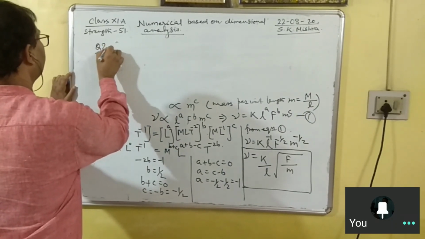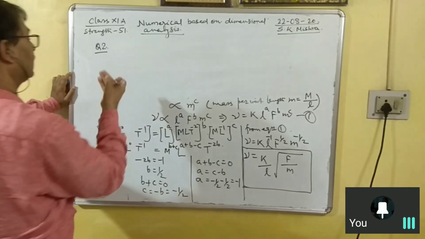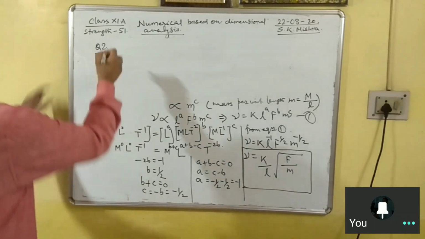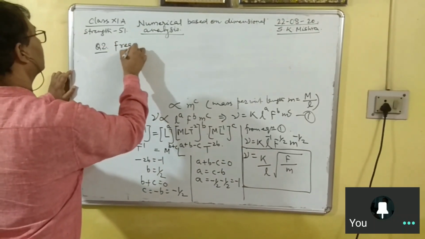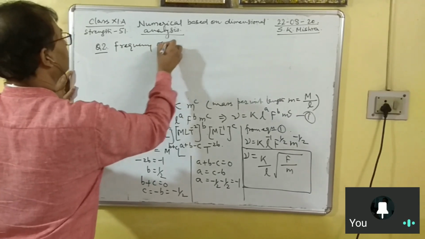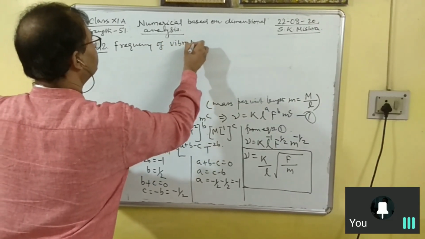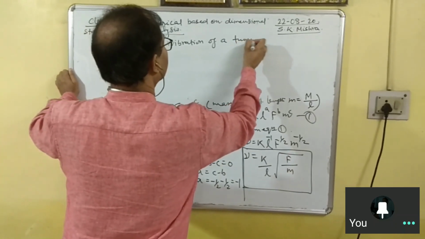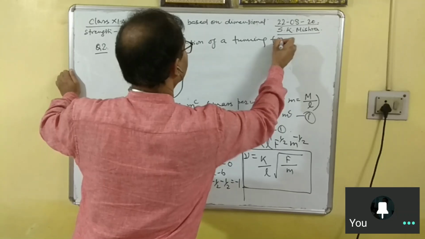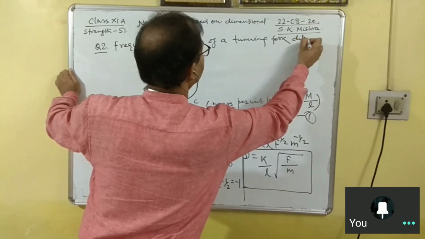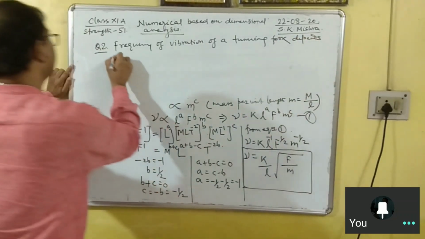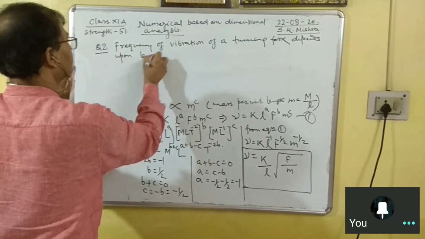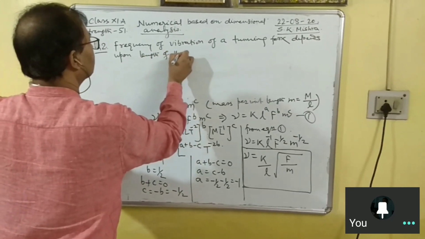The frequency of vibration of a tuning fork depends upon, the first factor is length of the prongs.